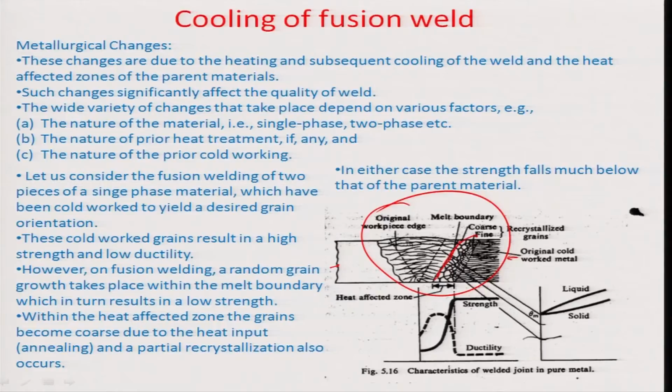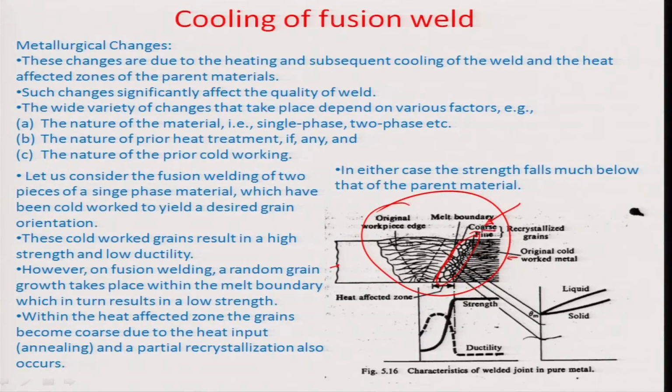There is a zone which is away from the melt boundary, but into the main parent blocks that are being welded together, and this is also known as the heat affected zone, or HAZ, of the weldment. There are a lot of changes due to heating and subsequent cooling of the weld, and the heat affected zones of the parent materials may develop some kind of different grain orientation.